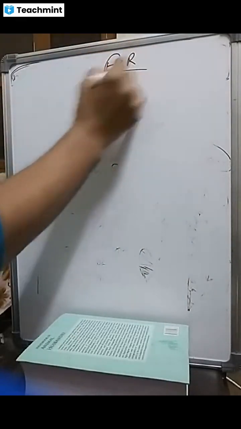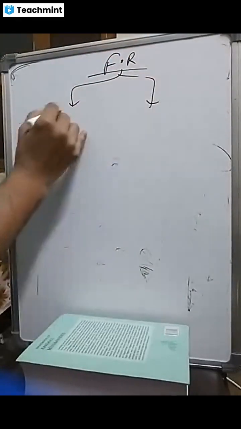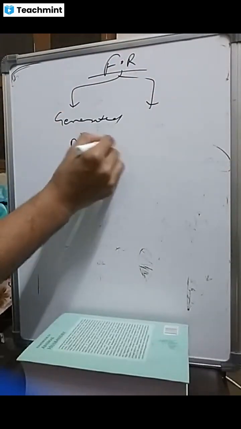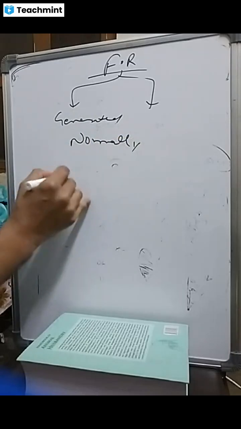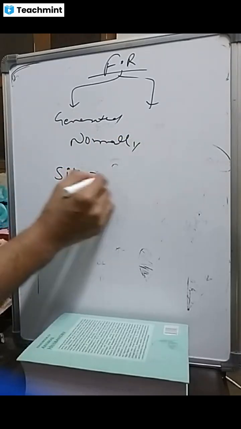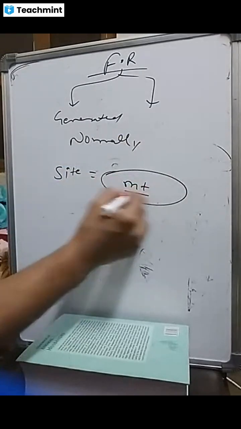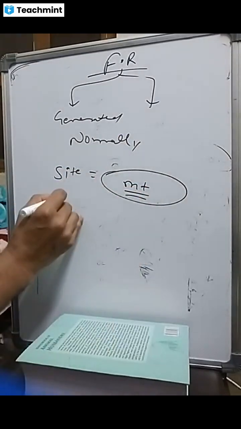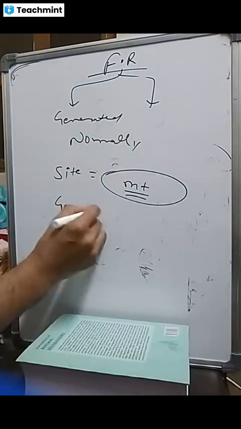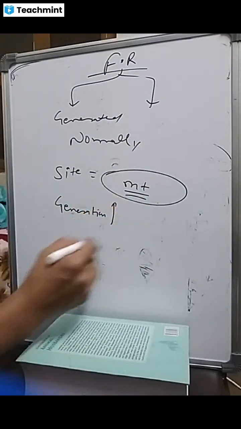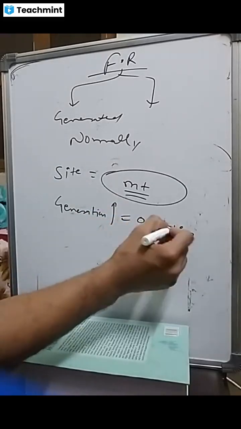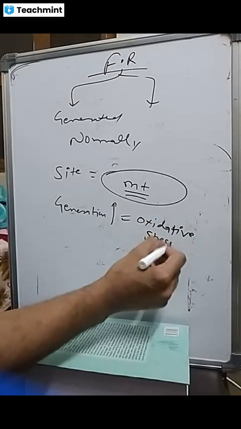Free radicals are generated normally at the site of mitochondria. Their production increases when there is oxidative stress.